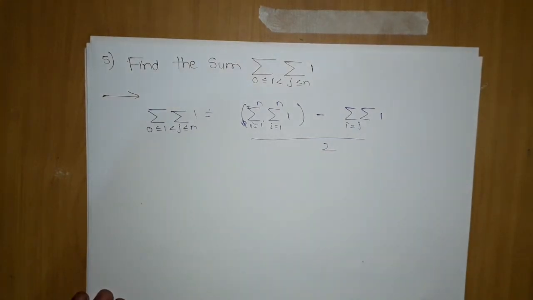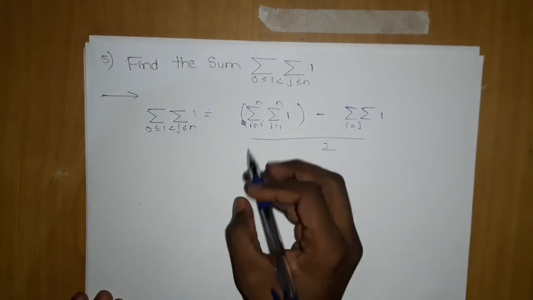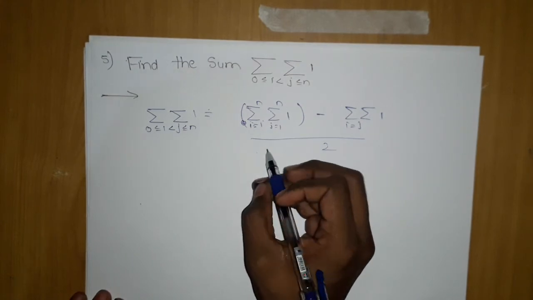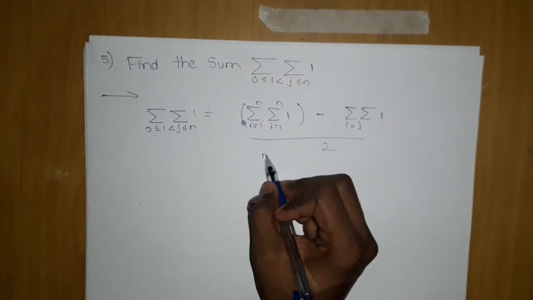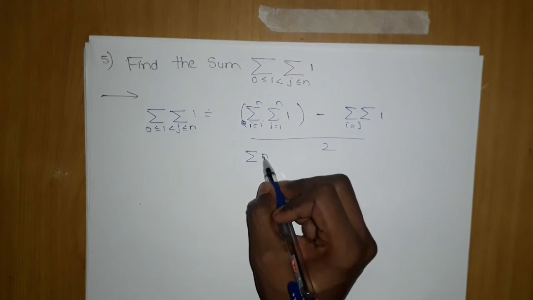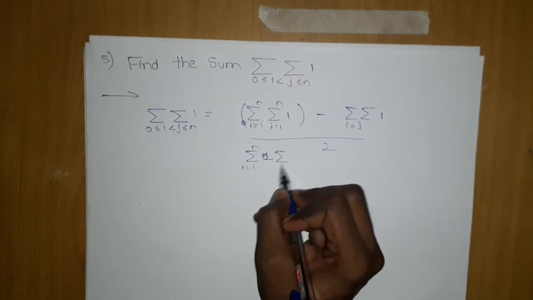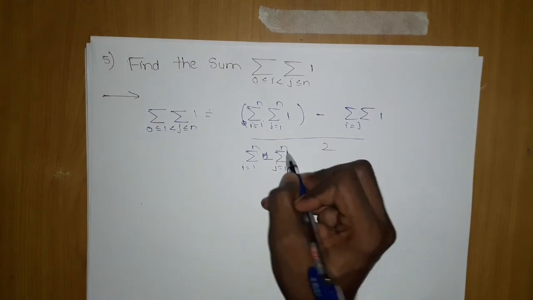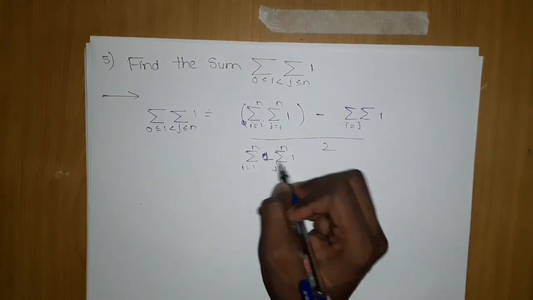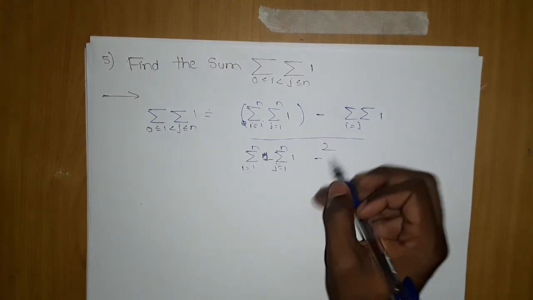Now here, 1 will move to a separate corner giving me n into the summation i equals 1 to n. Just go with the process, don't write n square directly.